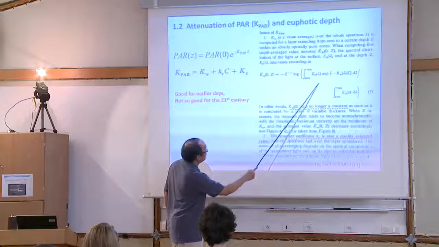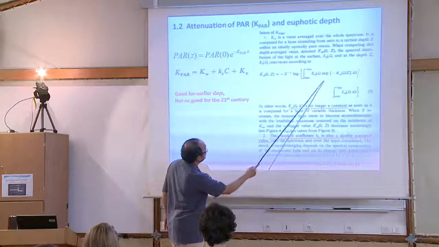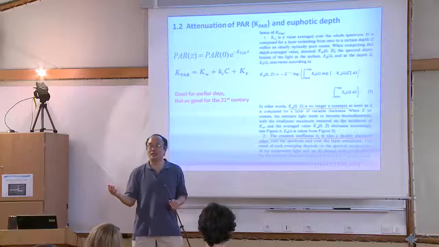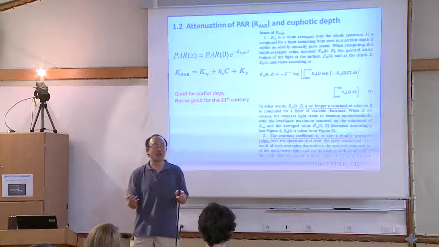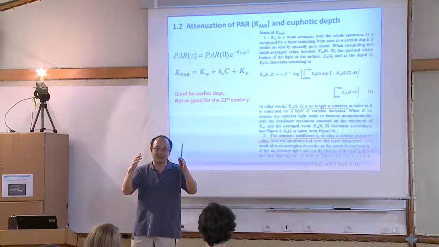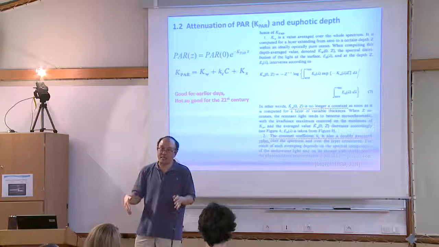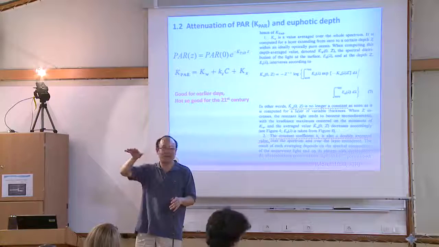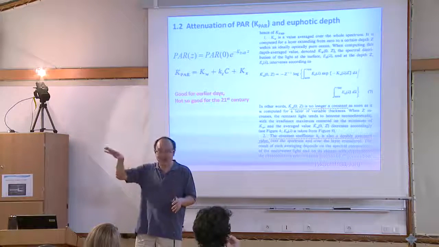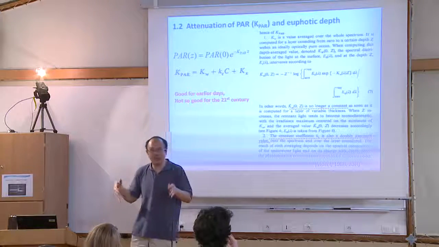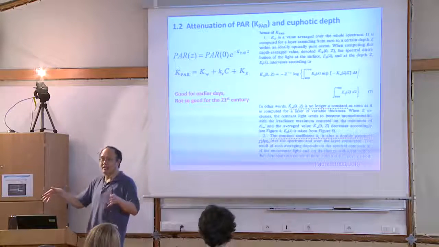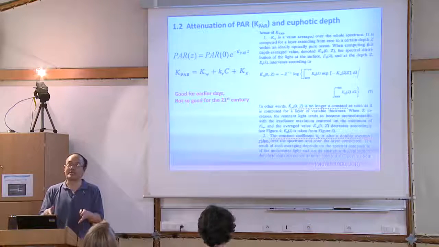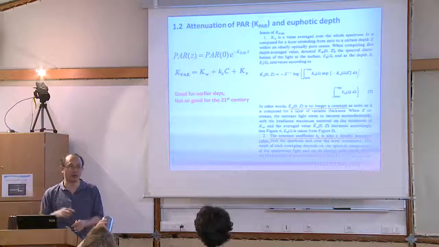this E0(lambda) and this E(Z, lambda) are not spectrally the same. As I showed you yesterday, with the increase of depth, the light quality changes. At the surface, it's kind of a white light. As you go deeper, the light gets narrower in band wavelengths, getting bluer and bluer for the open oceans.